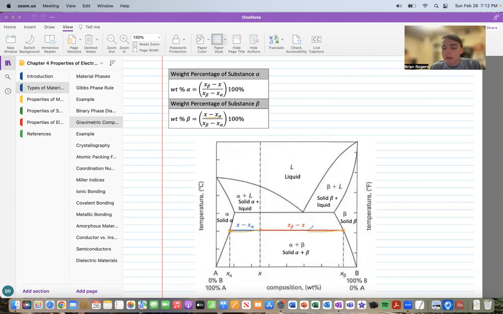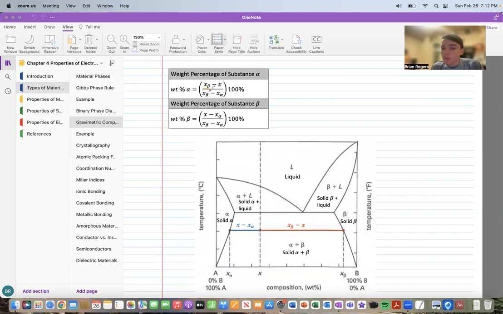And x of beta minus x of alpha is the entire line here, because it started from x of beta and went all the way over to x of alpha. Times 100, that will give you the weight percentage of substance beta. And so that's how you would interpret this diagram in order to determine the weight percentage of each substance.